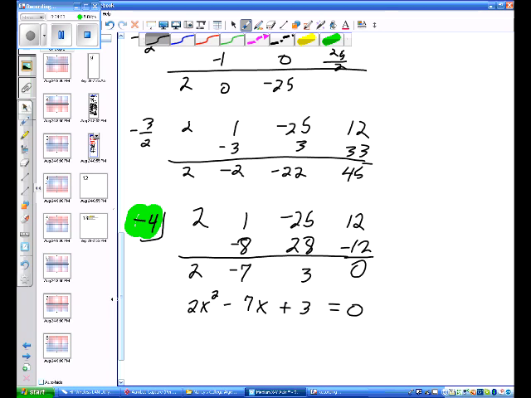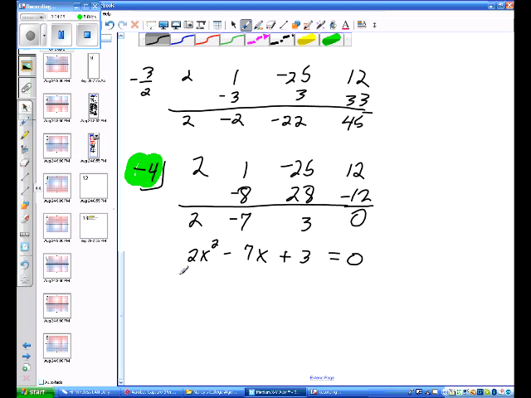We can solve this either using the quadratic formula or factoring. It is factorable, but let's use the quadratic formula. It's the opposite of b plus or minus the square root of b squared minus 4 times a times c all over 2 times a.